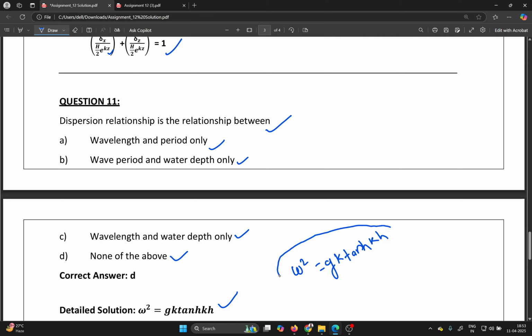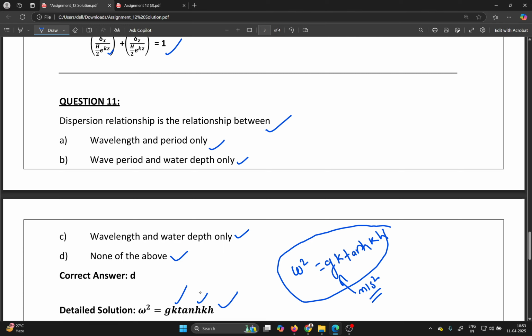So I don't know how it is written and what is the way. g, actually I know, is the gravitational acceleration in meter per second square, but what are the others? Actually I think some explanation should be there. What is the k and what is the h? Definitely in the lecture video, sir has discussed these terms.